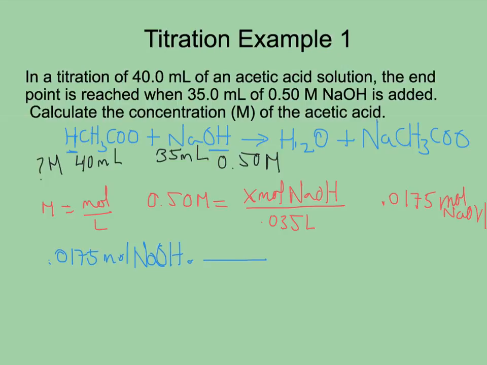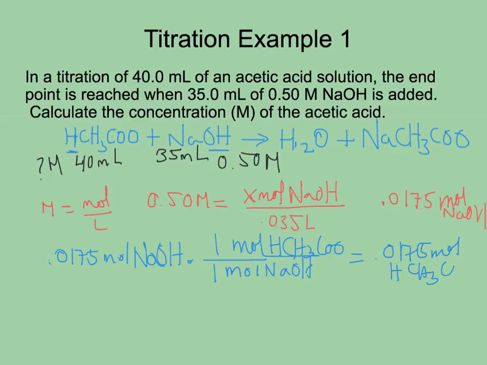So to get moles of acetic acid, you put moles of NaOH on the bottom, and moles of acetic acid on top. And it's a 1-to-1 based on the molar ratio that's here and here. So that equals 0.0175 moles of my acid, the HCH3COO.